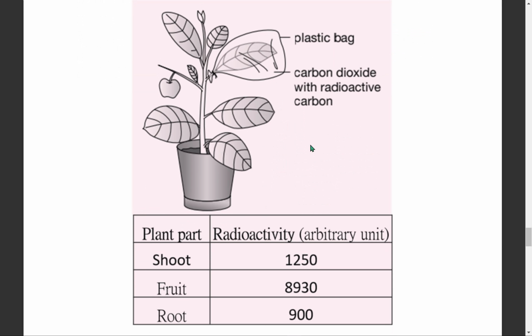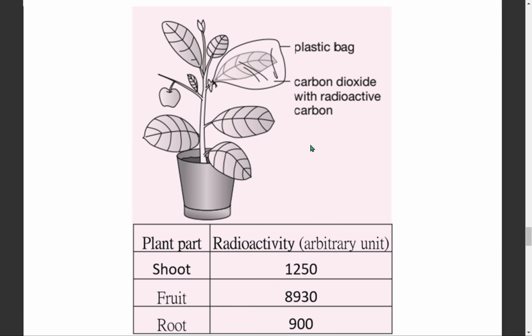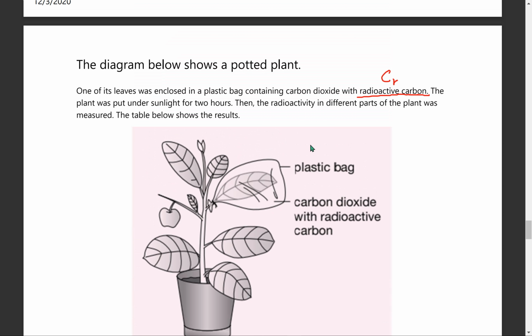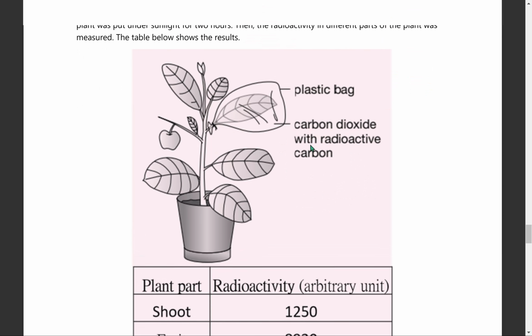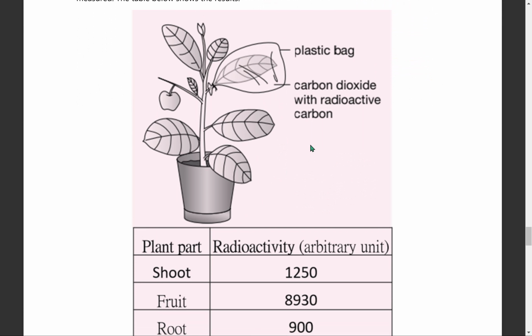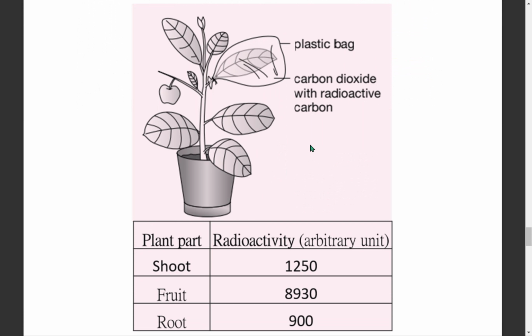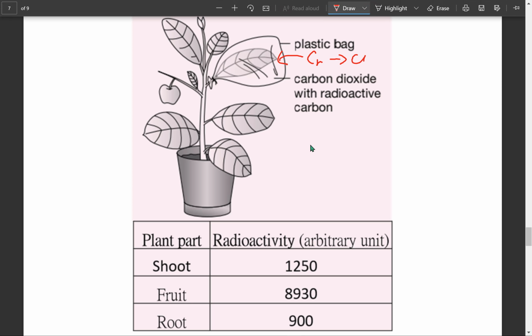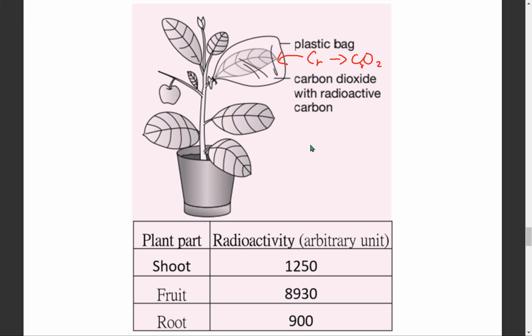So the purpose of introducing a radioactive carbon in this question, I think you somehow can sense. This enclosed leaf is absorbing radioactive carbon, Cr, in the form of CO2.